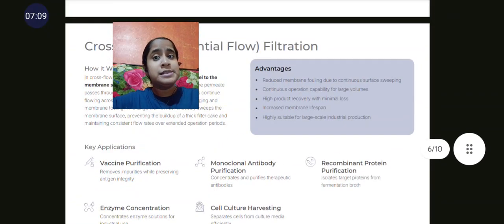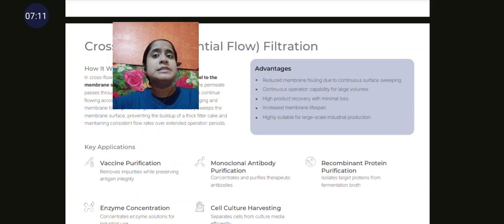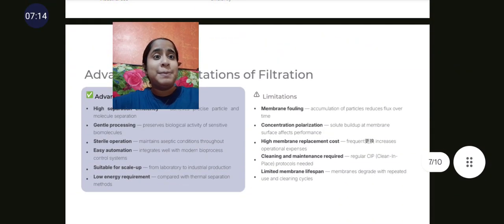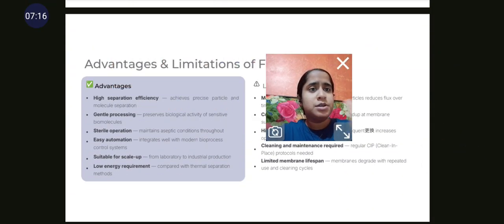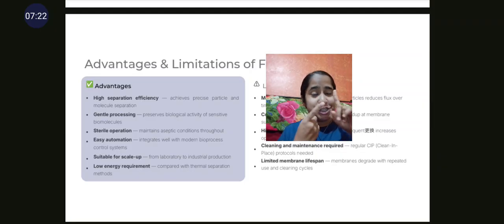Now, let's understand the advantages, limitations, and applications of filtration. Filtration offers many advantages. It provides efficient separation, maintains sterility, can be easily automated, and is suitable for large-scale industrial production.